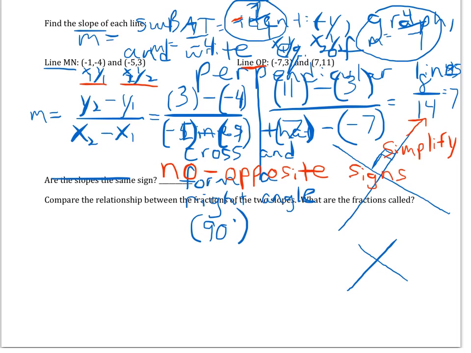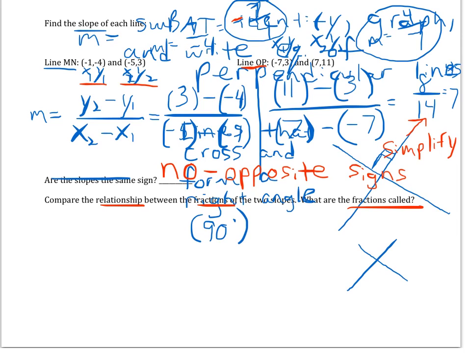Okay, next, compare the relationship between the fractions of the two slopes. What are the fractions called? Let's ignore the signs for a moment, and we see that this first one is 7/4, but the second one was 4/7. What are those two things called?